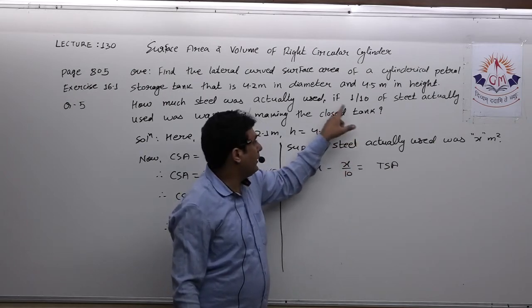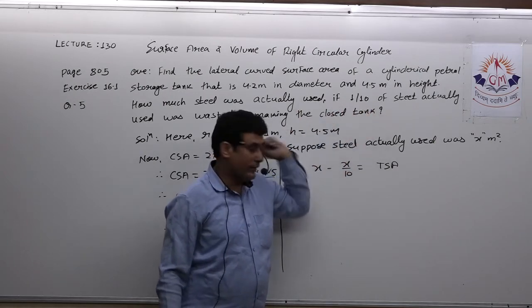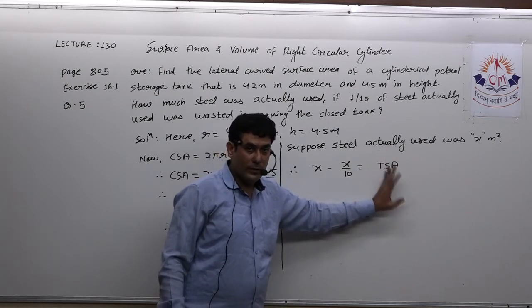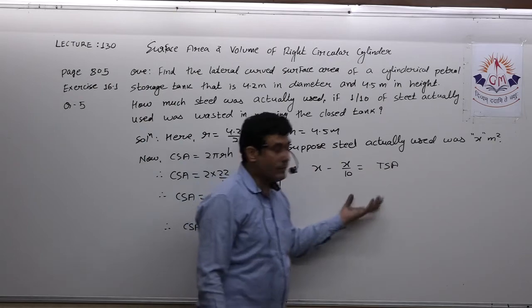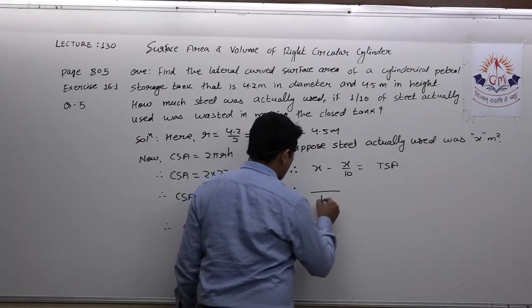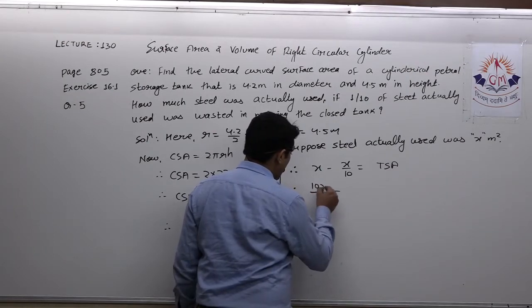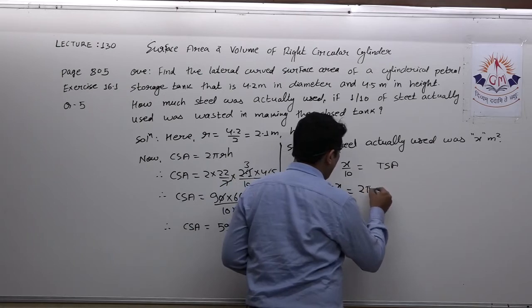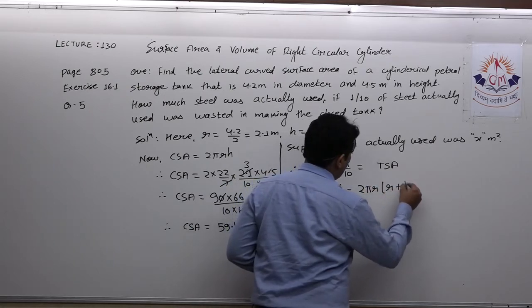It is given that 1 upon 10 of the steel actually used is wasted, which should be equal to the total surface area, because it's a closed cylindrical tank, a petrol storage tank, it must be closed. So 10x minus x upon 10 is equal to the total surface area, 2 pi r (h plus r).